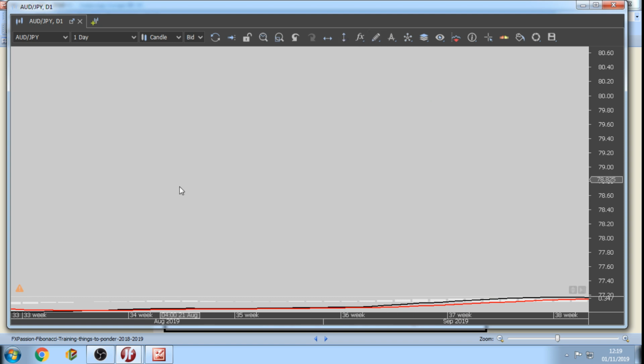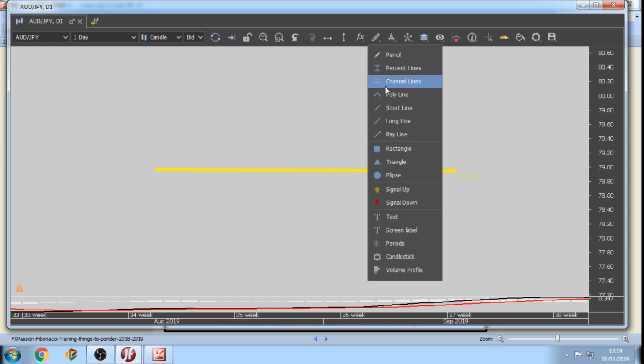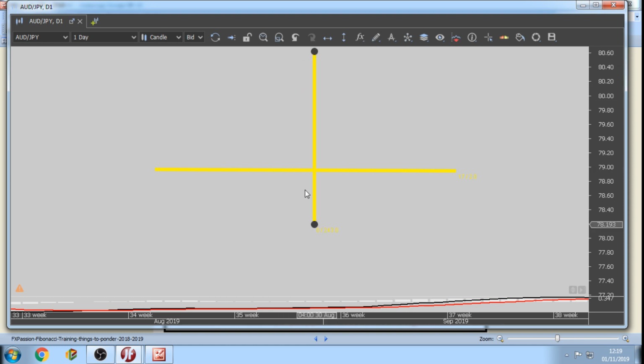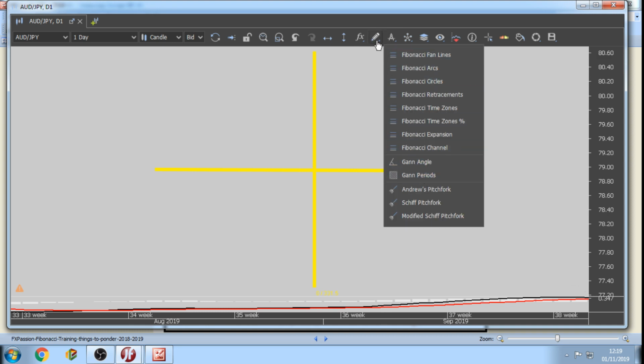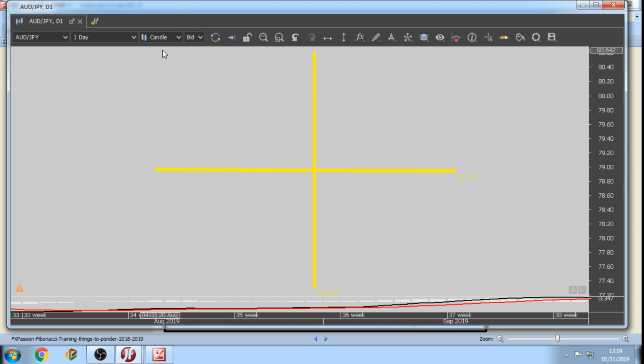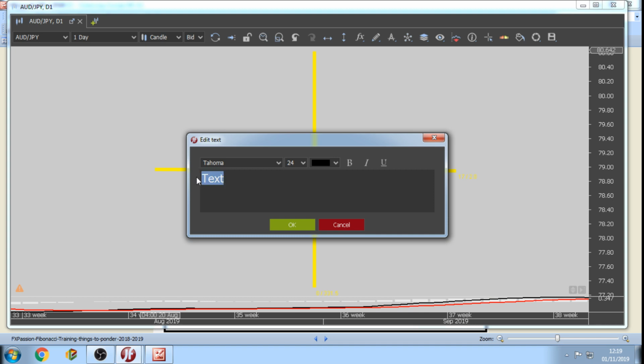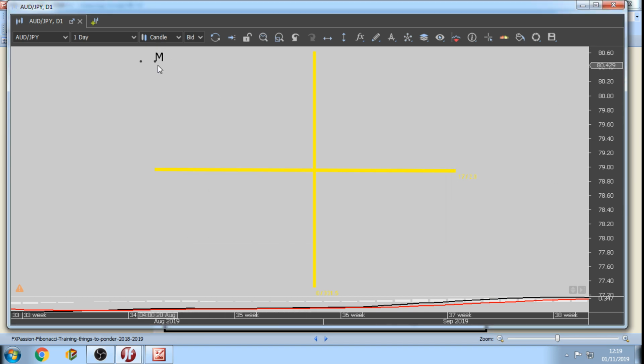And as always, we are going to have the 4 time frames and text. This is going to be the monthly, left up corner.